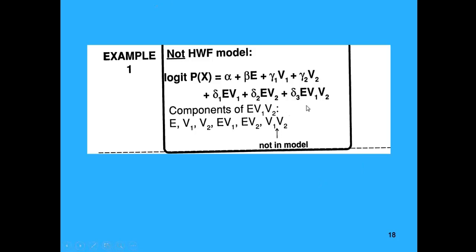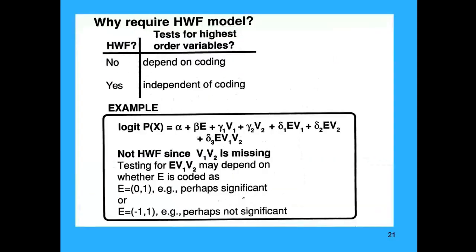And what I said was any test about this highest order term, there's only one, is independent of the coding of the variables in the model. That's what this statement says. Independent of the coding if it's hierarchically well formulated, and not independent if it's not hierarchical, and it's dependent on the coding. Now, what does that mean?